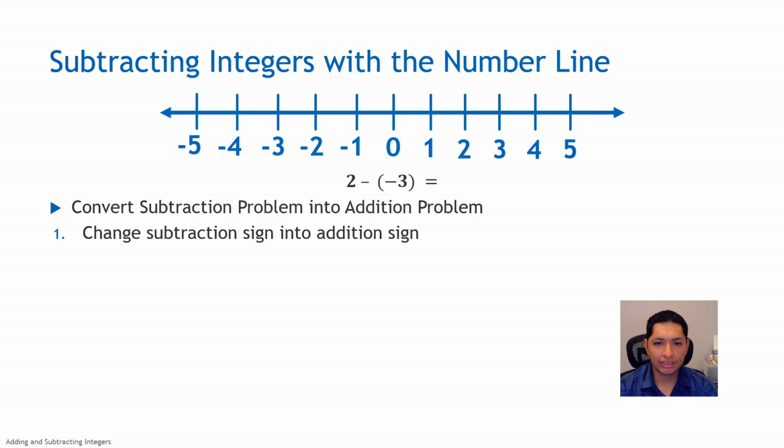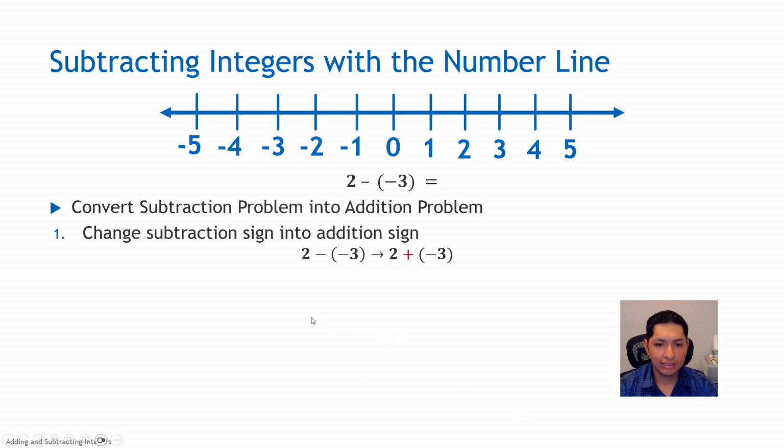The negative sign next to the 3 is what's telling us that that number is negative. The subtraction sign to the right of the 2, that's what's telling us that those two numbers are being subtracted. So be careful on correctly identifying which sign you need to change.